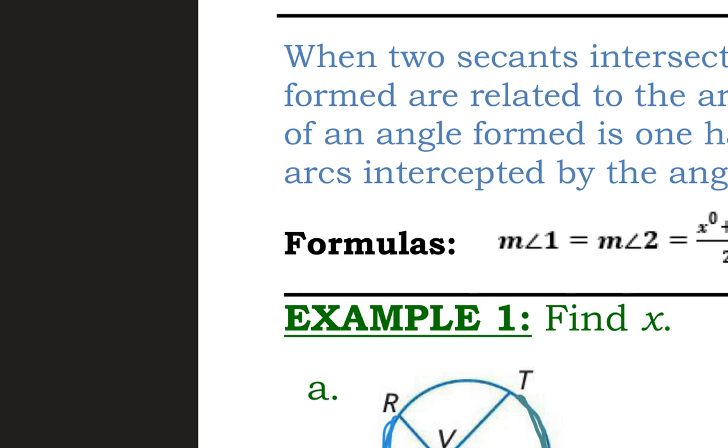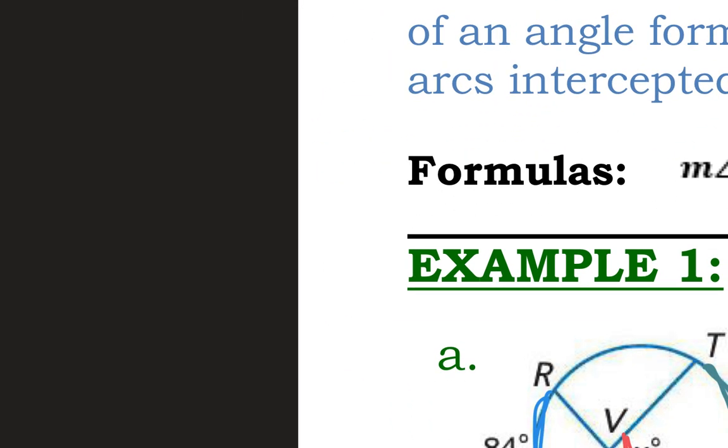All right, so let's write on the left side because I know you guys have more room there. So all we're going to do is take 84 and 130 and add them. So 84 plus 130, we'll divide it by 2, and that's going to give us X. So what's 84 plus 130? 214.